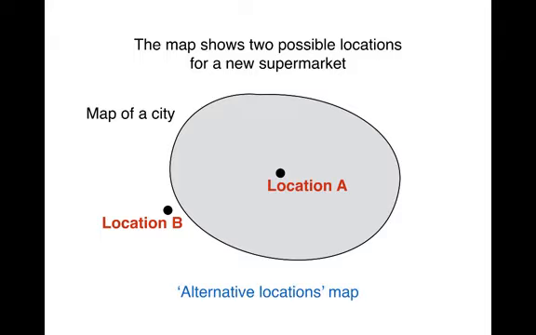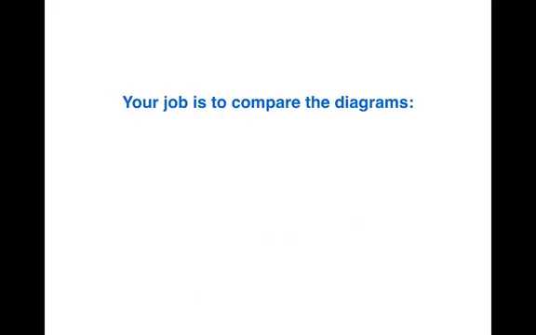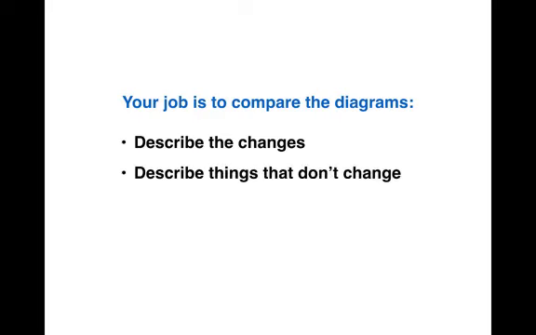And for all of these types of question, your task is the same. Your job is to compare the diagrams. That's all you need to do. So what can we compare? Well, we can describe the changes. If it's a before and after diagram, you'll see some changes to the picture. You'll also see things that don't change, so you can describe things that don't change, that stay the same.